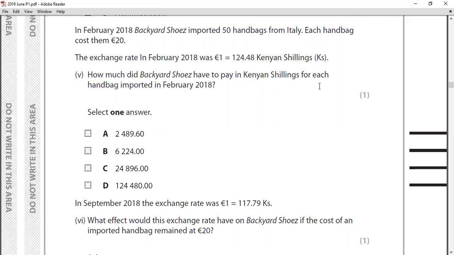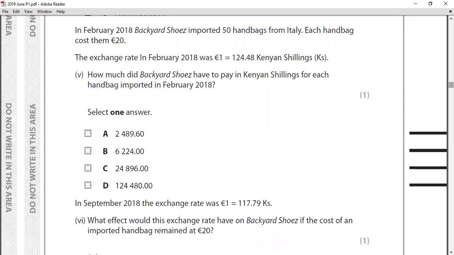The answer is 2489.6. So for the fifth one, the correct answer is 2489.6. The answer is A, right? I think a lot of students gave the correct answer.